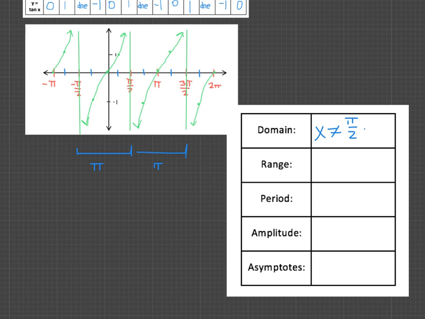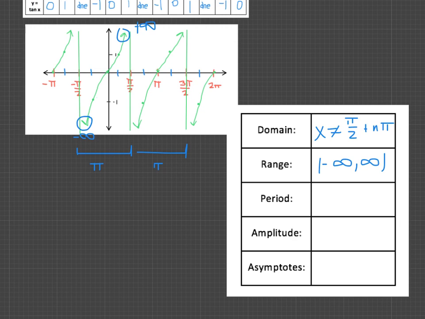So we will exclude pi over 2 plus multiples of pi. The range is, well, there's no restriction on the range, so negative infinity to positive infinity, because we are going from here, negative infinity, to here, which is going to positive infinity.